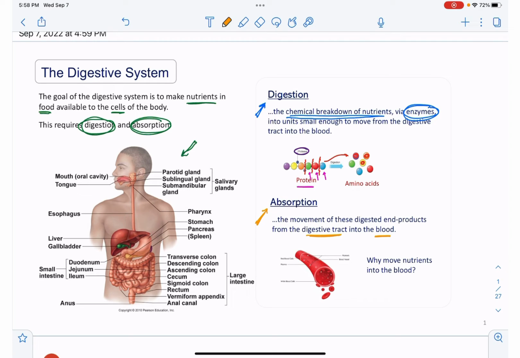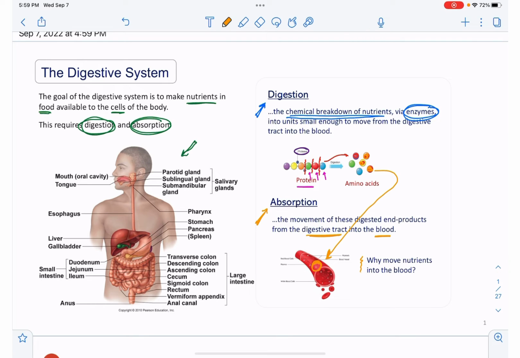So what we do is we digest it into these individual amino acids. And once that happens, that allows for absorption to occur. These individual amino acids are small enough where they can move across the digestive tract wall into the blood. And that's the overall goal of the digestive system, to take nutrients in food and move those into the blood.